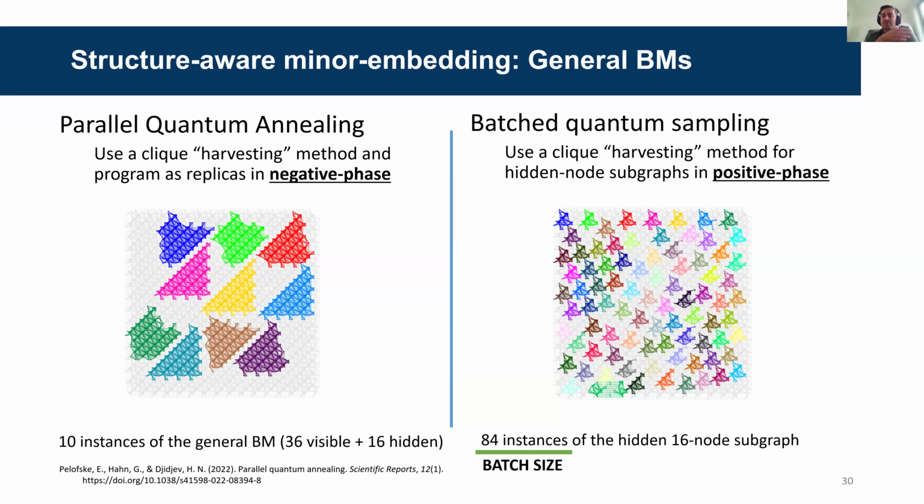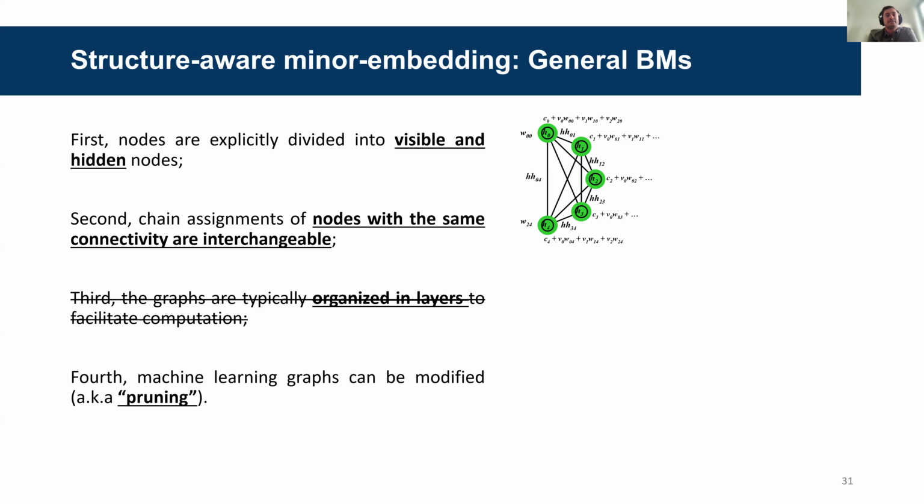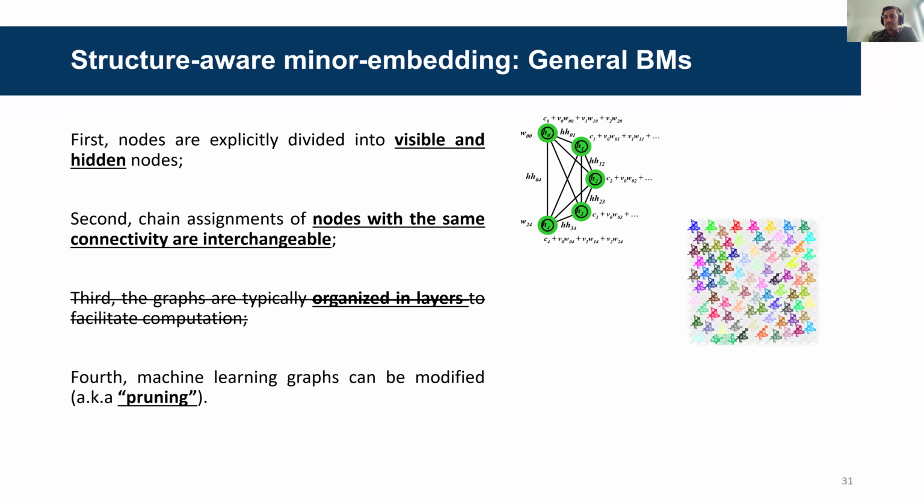This is also an example of context awareness from the knowledge that we need samples from the same graph with different parameters. So back to our structural awareness, the only thing we don't have here is the layered graph, but we have knowledge that only the hidden nodes are mapped in the positive phase. We have knowledge of interchangeability that applies to all the nodes in a click. And that allowed us to create this batch quantum sampling.